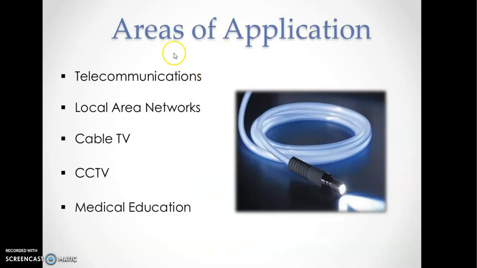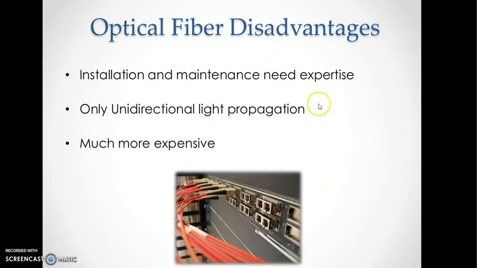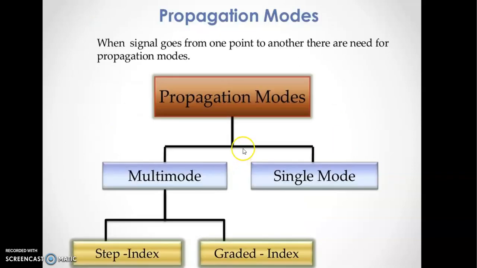Areas of application: telecommunication, local area network, cable TVs, CCTVs, medical institutions, education, etc. Optical fiber advantages: greater capacity, smaller size, low attenuation, electromagnetic isolation, more resistance to corrosive materials. Disadvantages: installation and maintenance need expertise, only unidirectional light propagation, much more expensive.